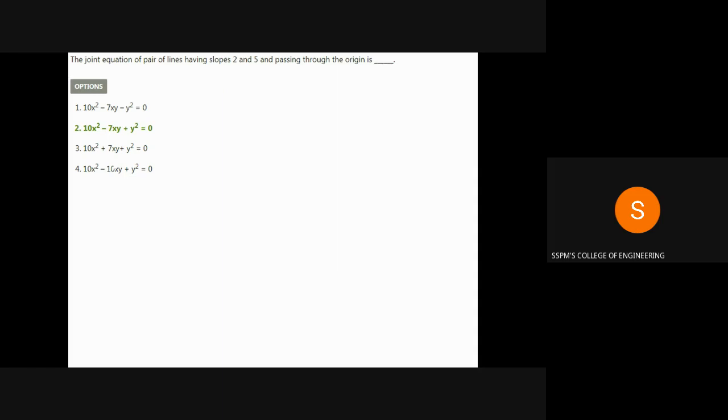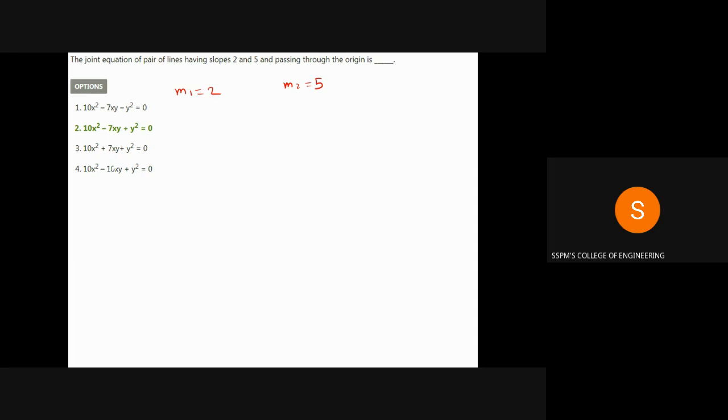The joint equation of the pair of lines having slopes 2 and 5 and passing through the origin. What is given? Here m1 is equal to 2 and m2 is equal to 5. So the slope of the first line is 2 and the slope of the second line is 5. We have to find the joint equation.